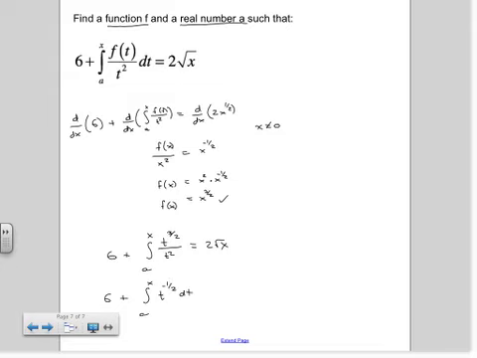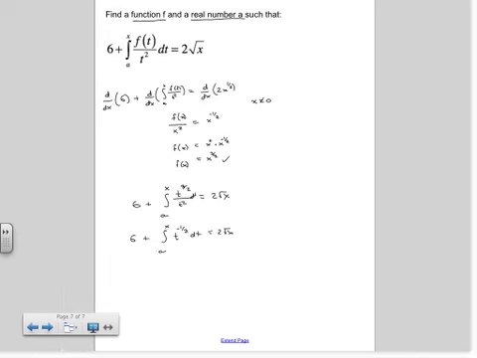Now, we need an antiderivative for t to the negative 1/2, which is 2 t to the half, or square root t. We'll plug in our limits and subtract, and we're still equal to 2 times the square root of x. 6 plus 2 times the square root of x minus 2 times the square root of a is equal to 2 times the square root of x.